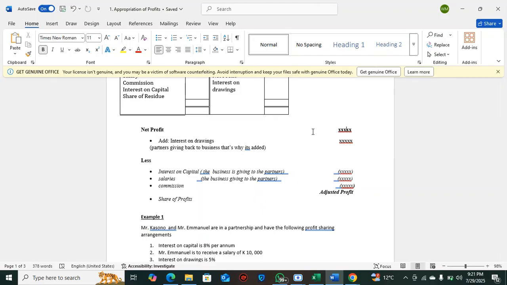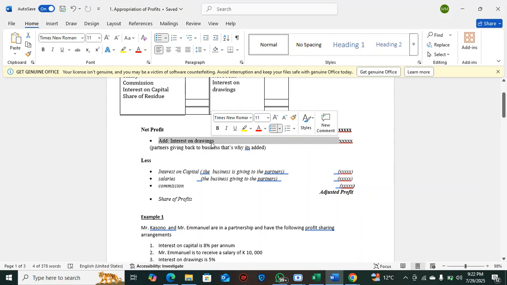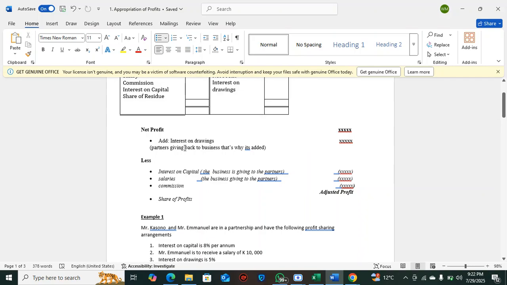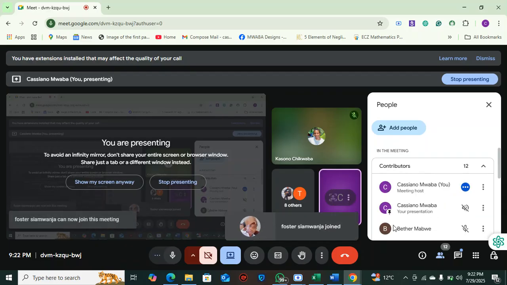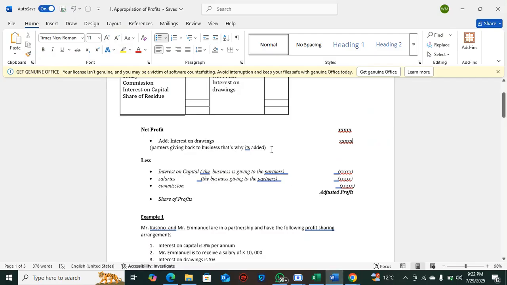The next item you need to add is the interest on the drawings, because it's what the partner is giving back to the business, so that's why we're adding it back to the net profit. Interest on drawings is the first item when making this appropriation account, and that will be the only thing you add to the net profit.